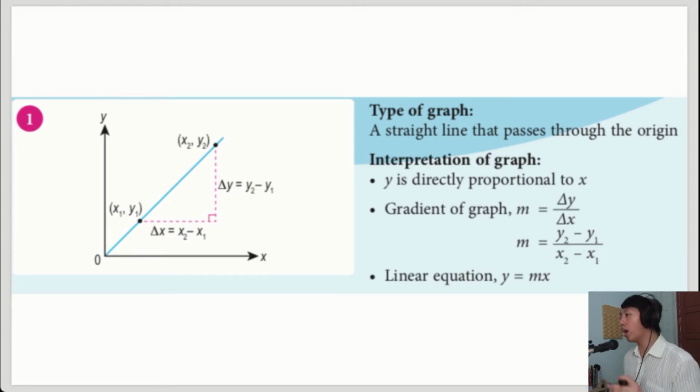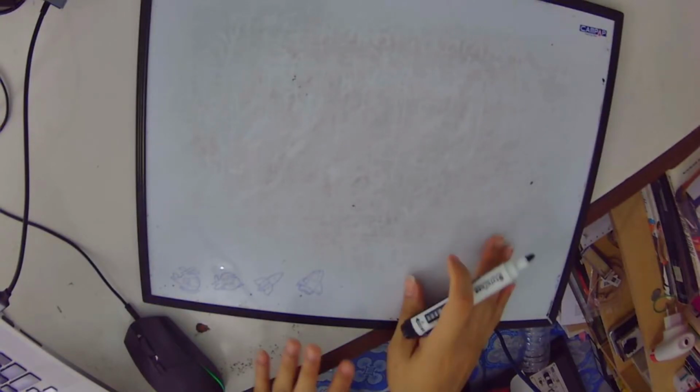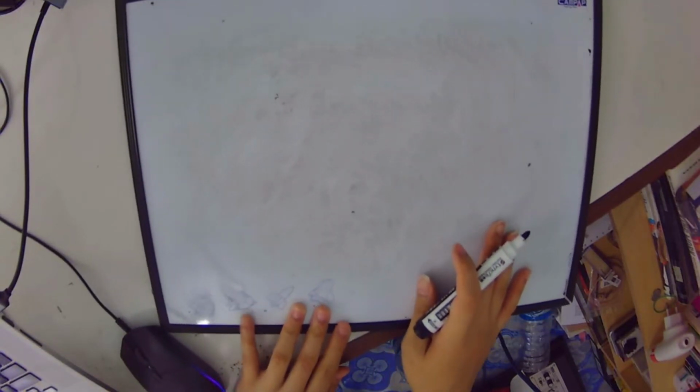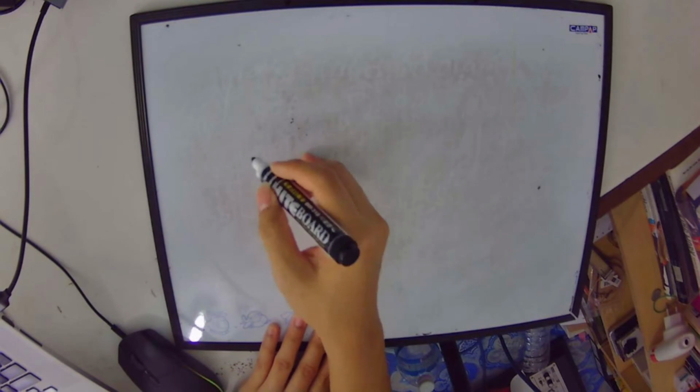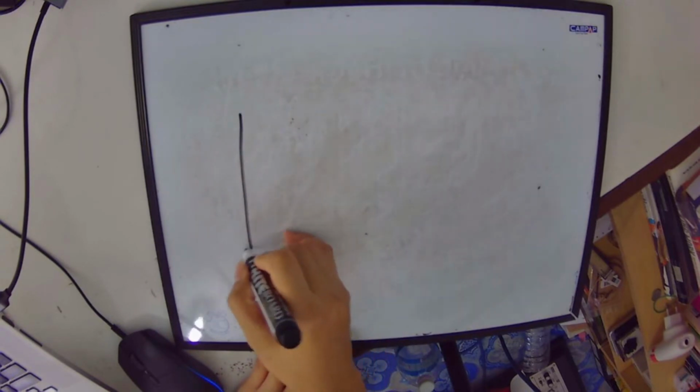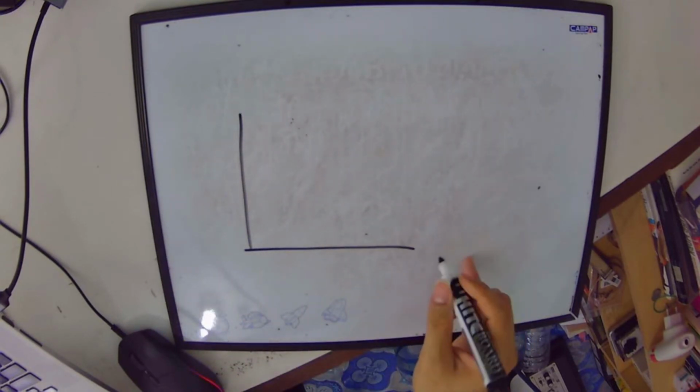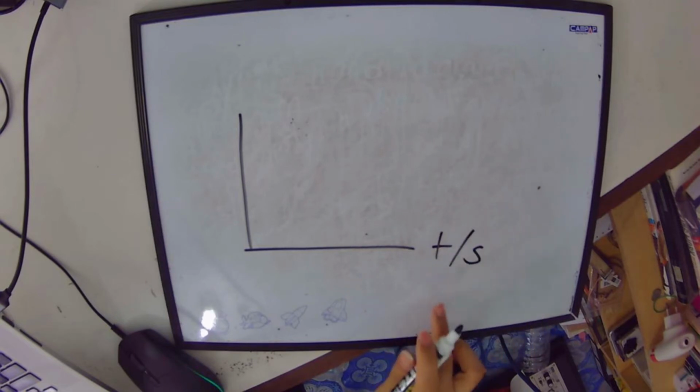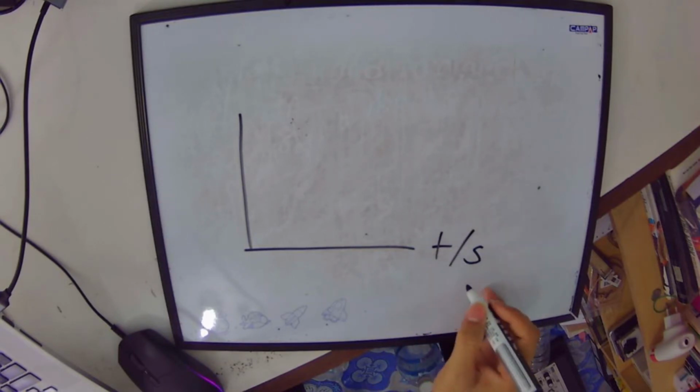Okay, now y tidak semestinya y and x lah. Kadang-kadang y dan x dia boleh saja diganti dengan perkara-perkara lain. For example, ada jenis graph. Let me just straighten out. So, kamu mungkin dapat graf seperti ini. So, x-axis is t, time, or seconds. So, unit dia ialah seconds.